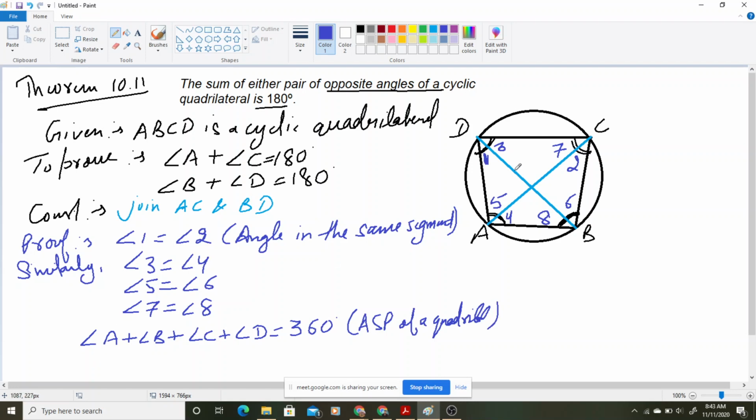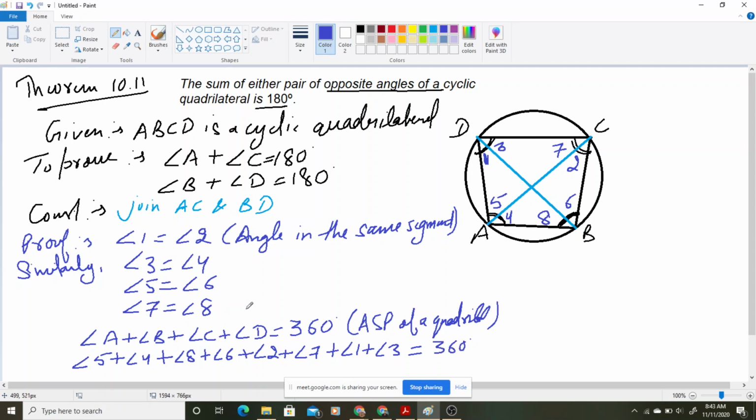So angle A is how much? देखो angle A जो है 5 plus 4 है, angle 5 plus angle 4. Then angle B is what? Angle B is 8 plus 6, angle 8 plus angle 6, plus angle C is what? Angle 2 plus angle 7, plus angle D is what? Angle 1 plus angle 3. So it will be equal to 360.